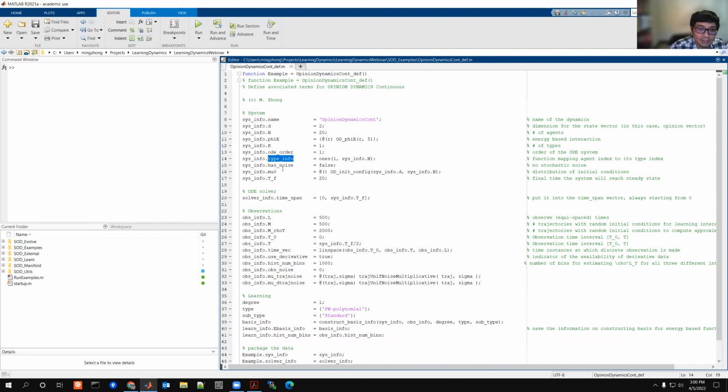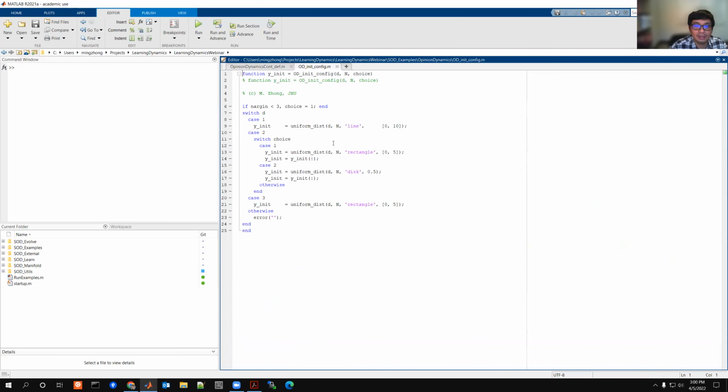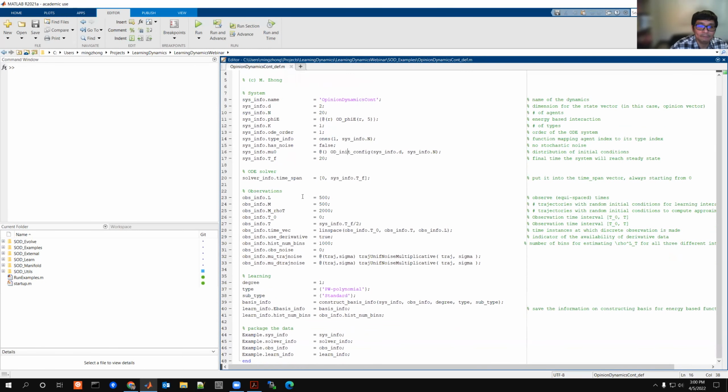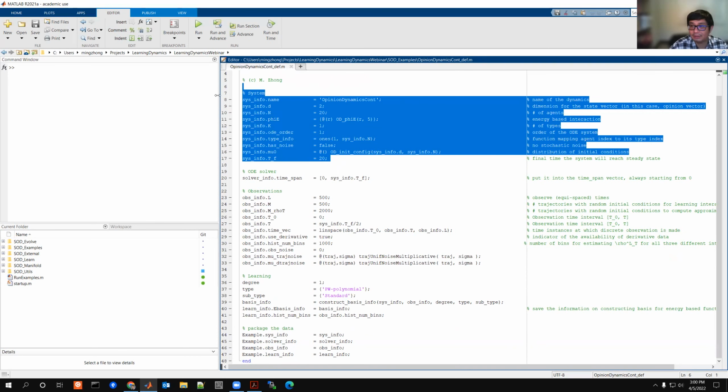Then this is the final time to integrate the system, and this is the initial configuration you want for your state vector. That's how you come up with these initial states. And then this is for the system. Once you have that, you can simulate any system you want. The system already has a built-in integrator and a built-in visualization to show you the dynamics, the end results and all the movies.